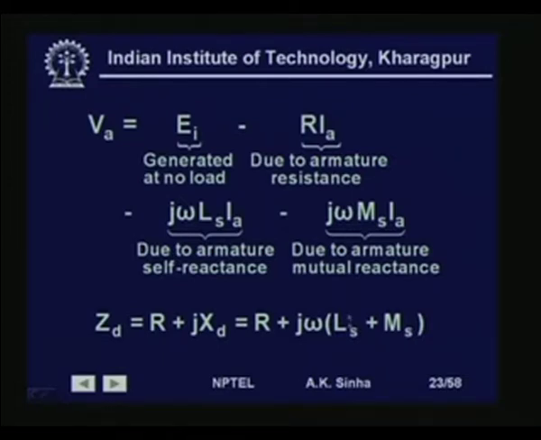Therefore, there is a mutual inductance M S, and for the stator windings we have the drop due to armature mutual reactance as j omega M S into I A. Therefore, we can write the total impedance as Z D is equal to R plus j X T, which is equal to R plus j omega (L S plus M S).